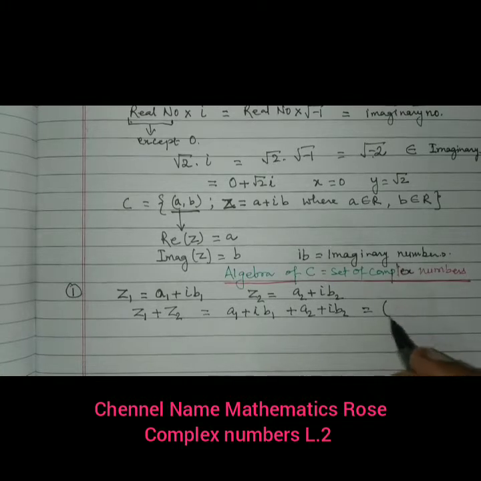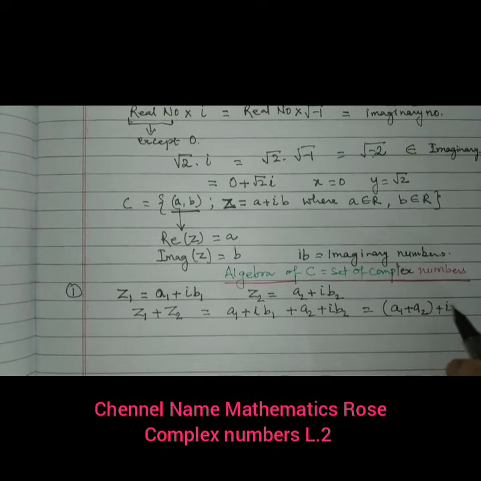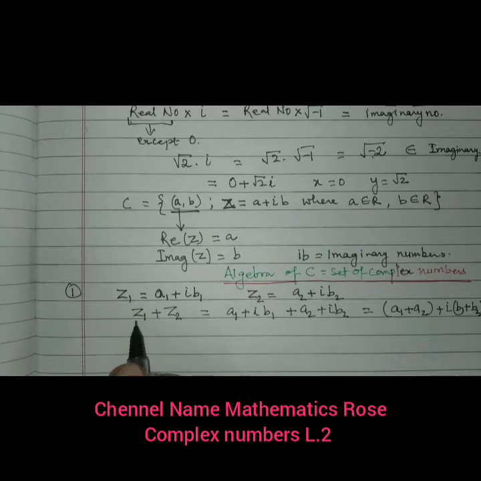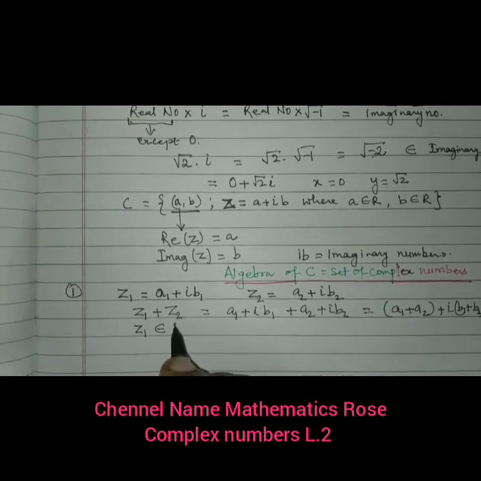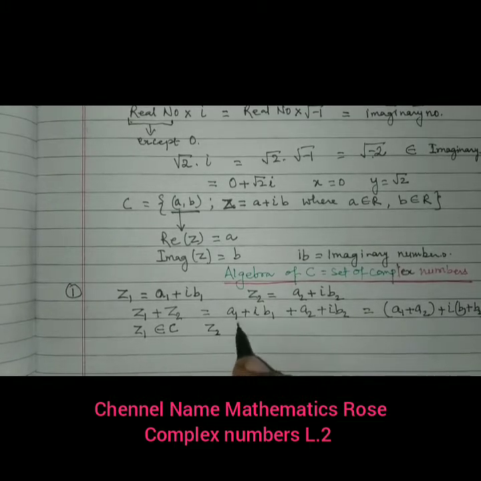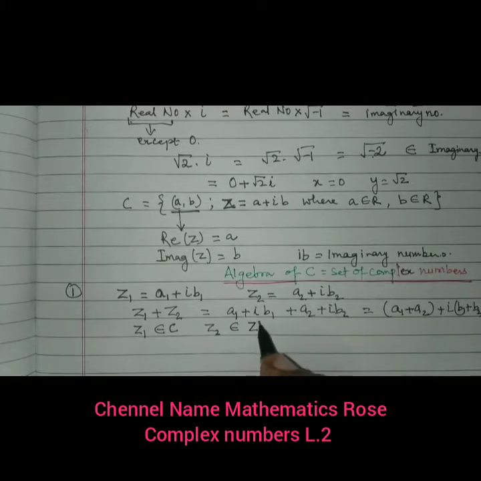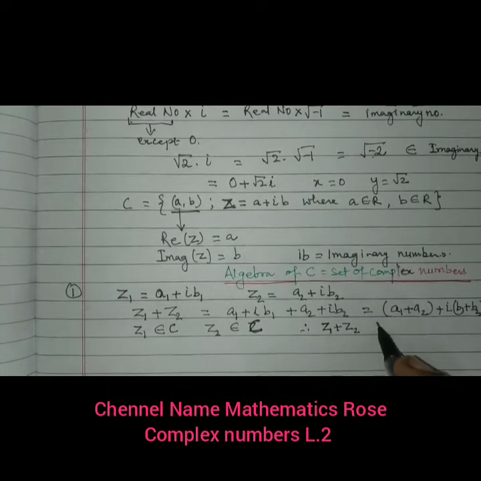So it is equal to adding the real parts, and then take i common, b1 plus b2. Here, the sum of two complex numbers is also a complex number. Z1 belongs to C, and Z2 also belongs to C. Therefore Z1 plus Z2 also belongs to C, the set of complex numbers.